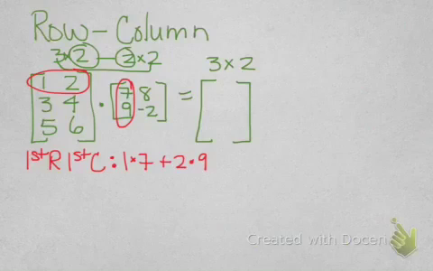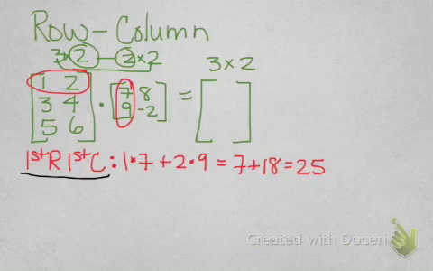So 1 times 7 plus 2 times 9, which is going to give me 7 plus 18, which is 25. Now the answer goes in the first row, first column of my answer matrix, right here.